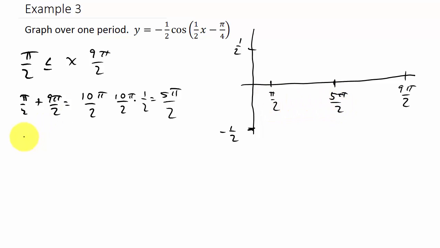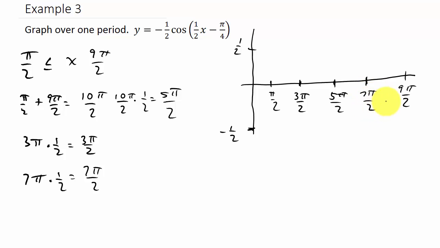And so 6 pi over 2 is just 3 pi. Multiply that by 1/2, and that's just 3 pi over 2. And then I need the midpoint here. Well, 5 pi over 2 plus 9 pi over 2 is 14 pi over 2. So 14 pi over 2 is just 7 pi. Multiply that by 1/2, so that would give me 7 pi over 2.